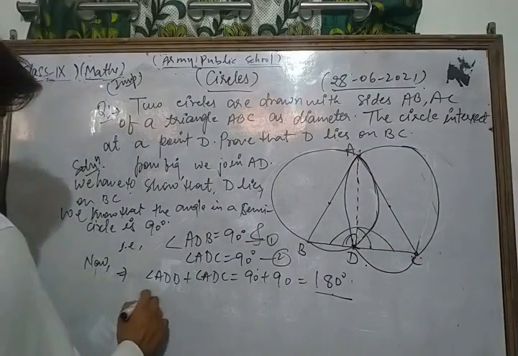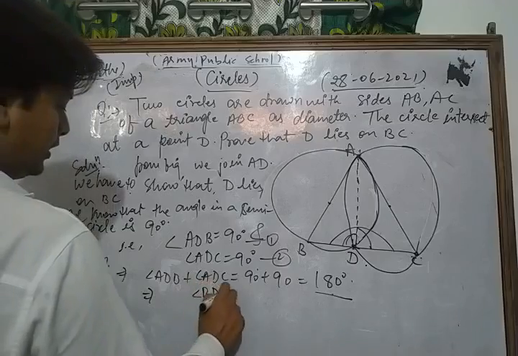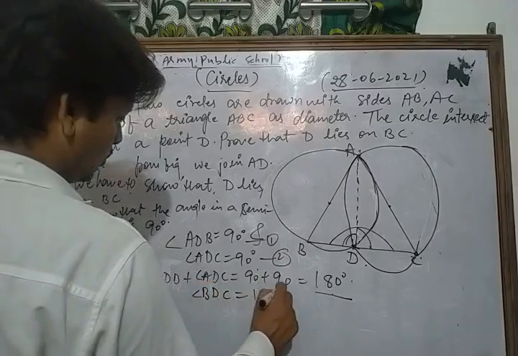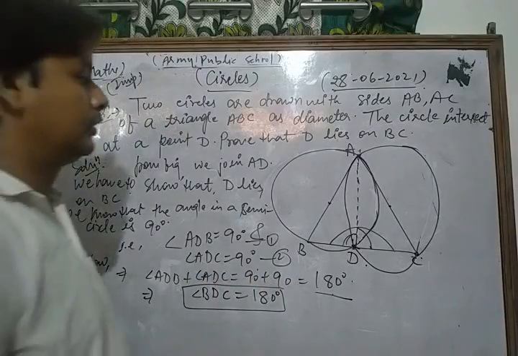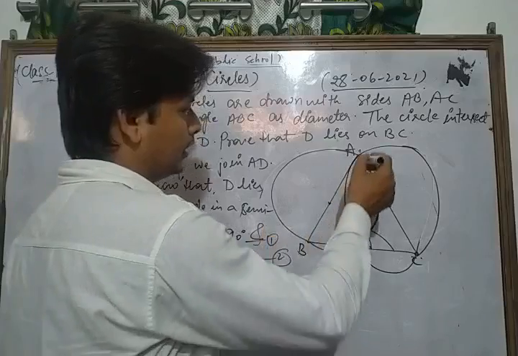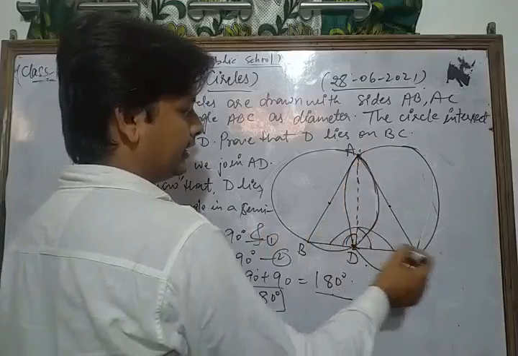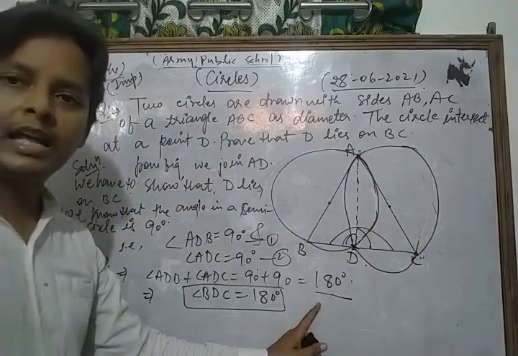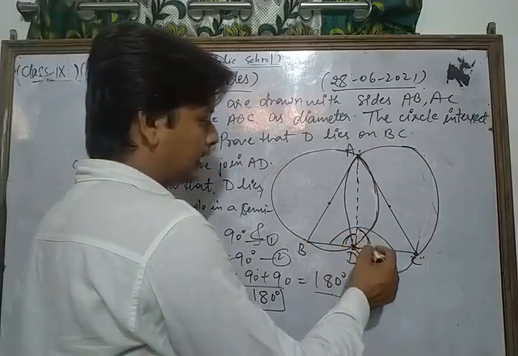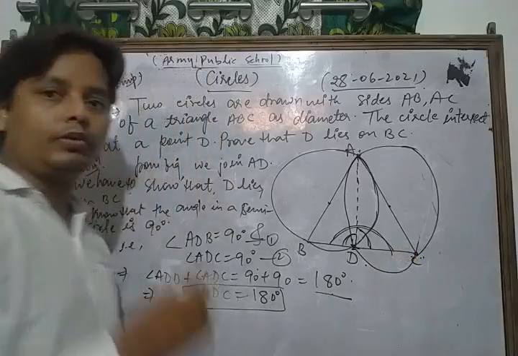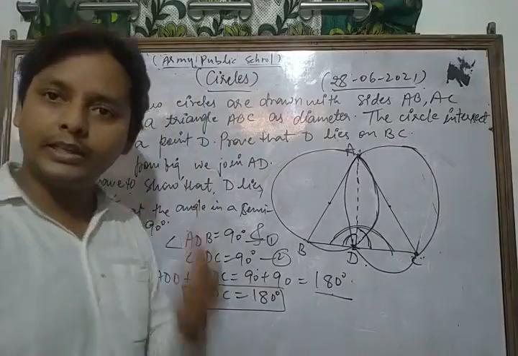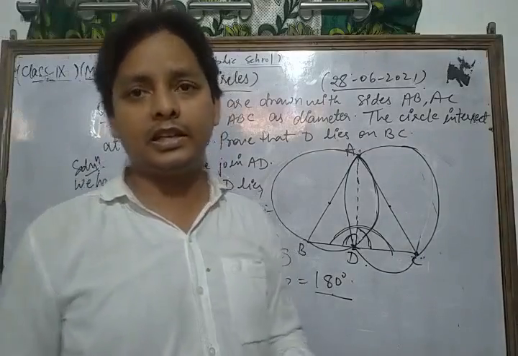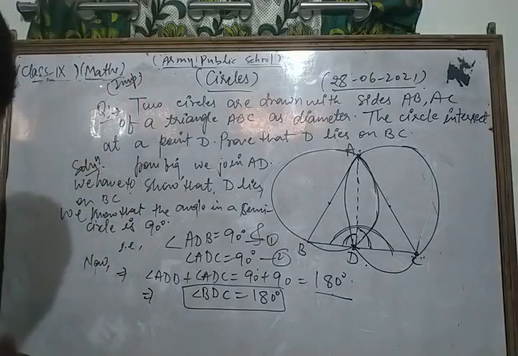Angle BDC is 180 degrees, because the sum of angles ADB and ADC is 180, and the sum of these two angles is equal to angle BDC. So angle BDC is 180 degrees, and 180 degrees means BDC is a straight line.